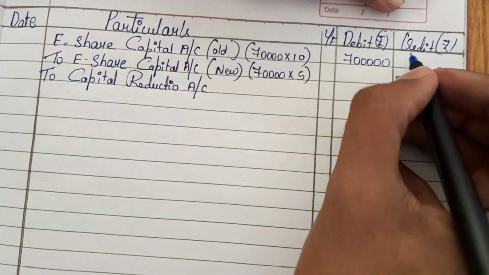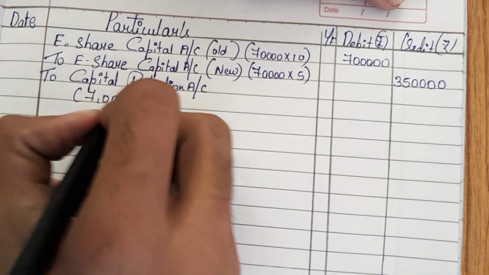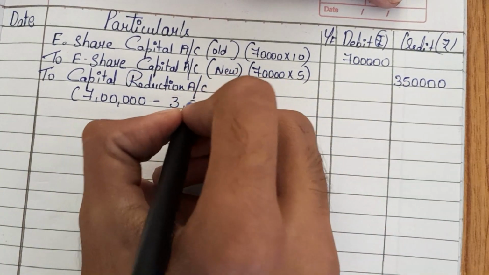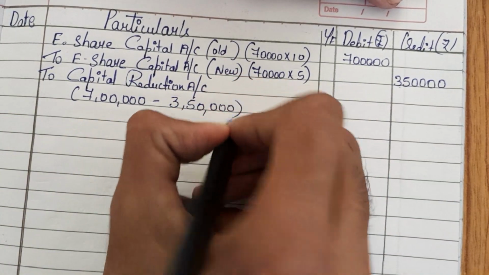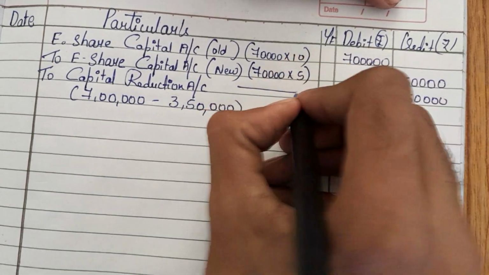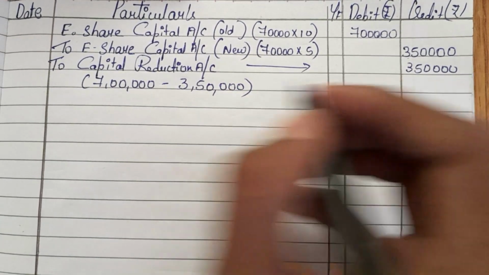Whatever the balance was there. So here balance is how much? 7 lakh minus 3,50,000. So the balance is 3,50,000. That is a capital reduction account because that is a sacrifice the equity shareholders have made.